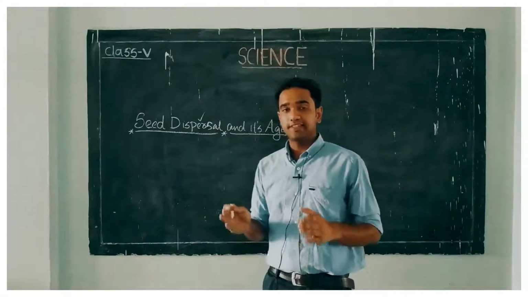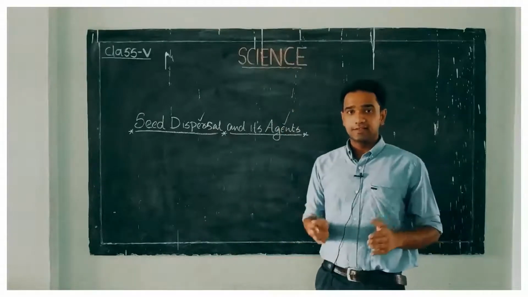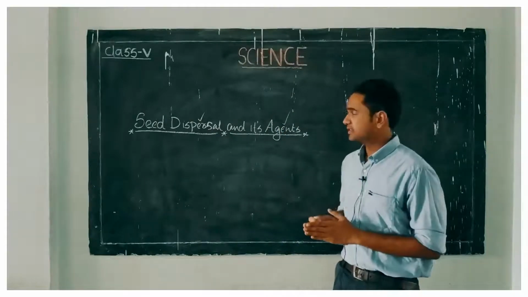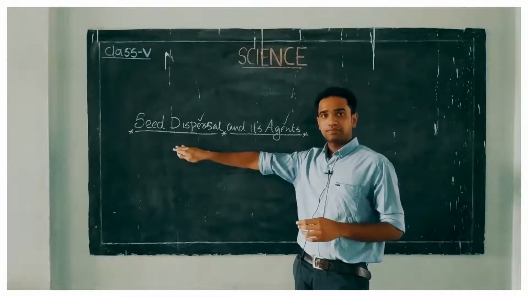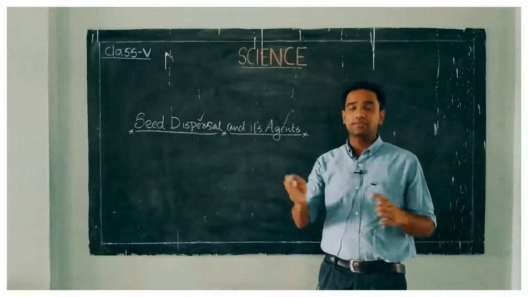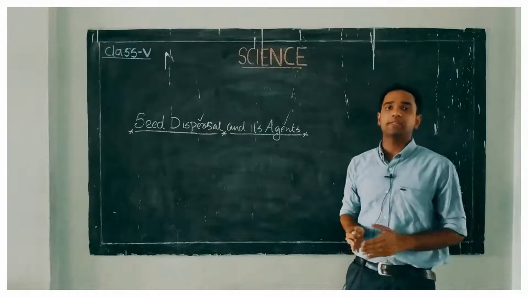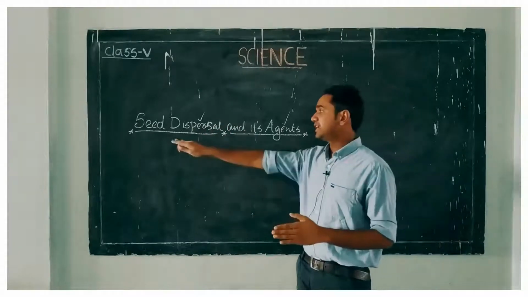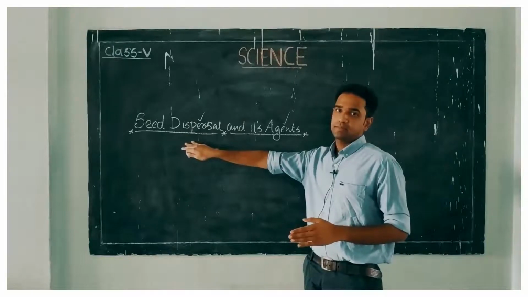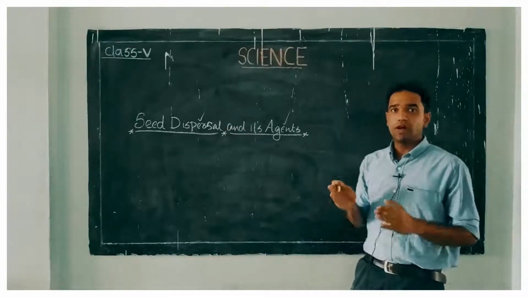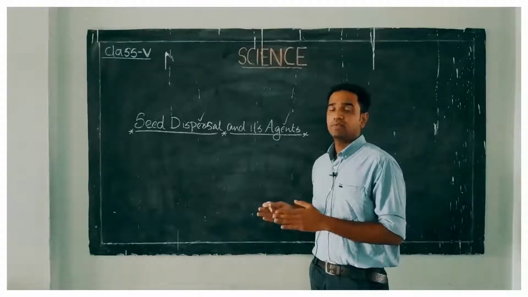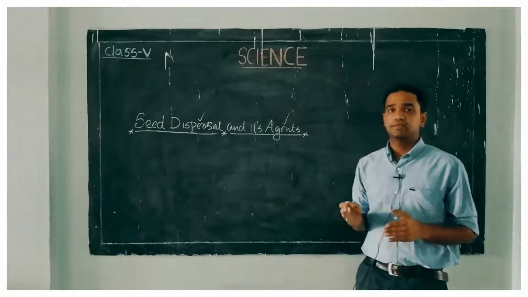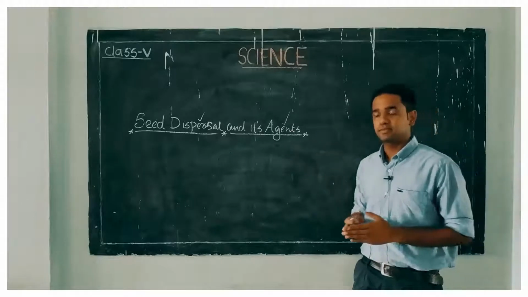Seed dispersal is the process of scattering or transport or distribution of seeds away from the parent plant. And wind, water, or animals are the various agents for seed dispersal.